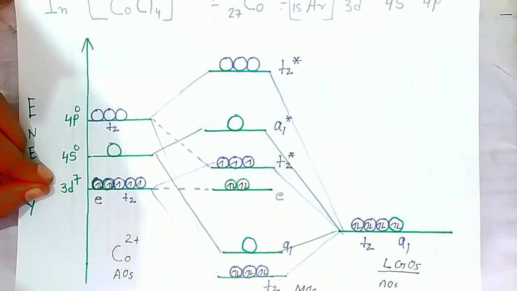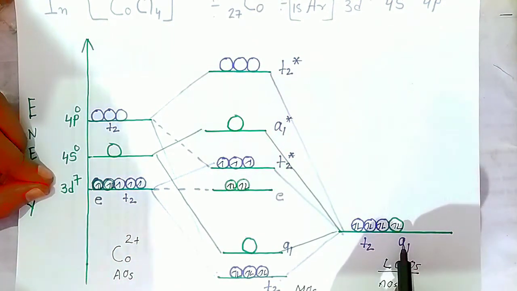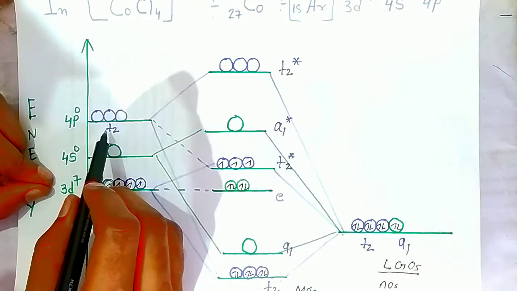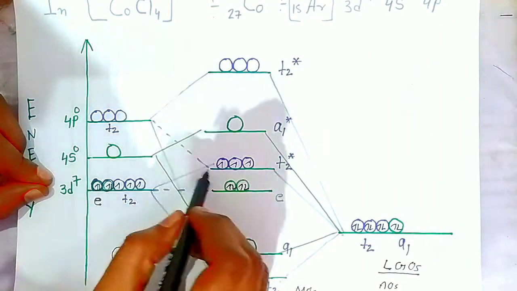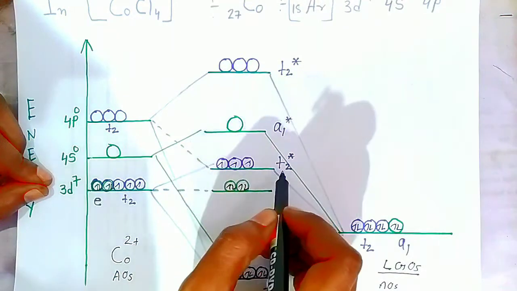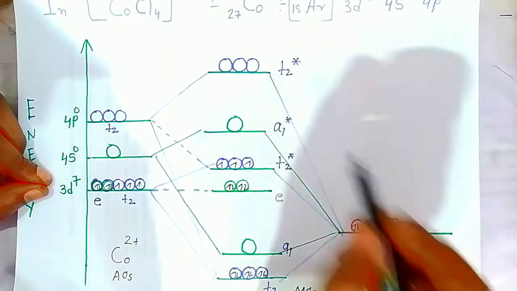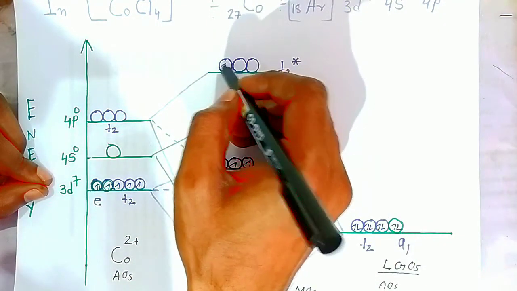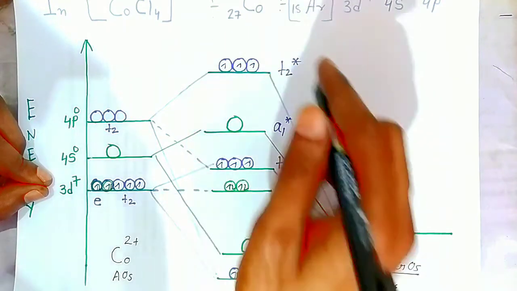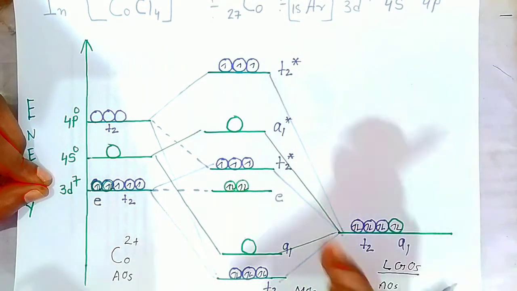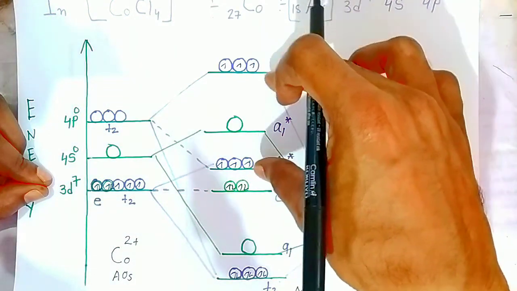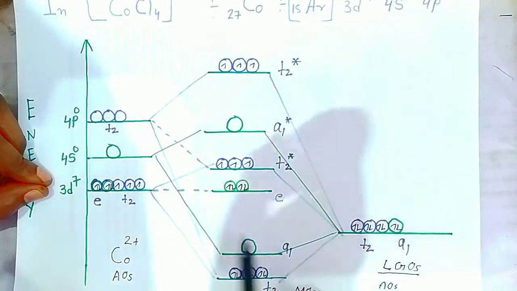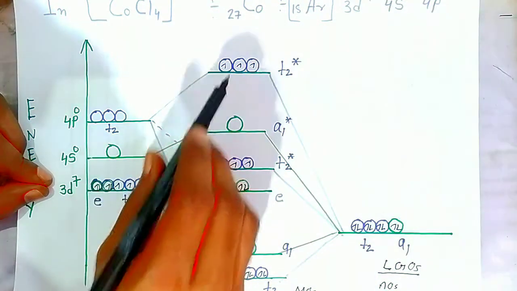Now when you see these T2 atomic orbital p orbitals having the same energy as this, these will be the same. We have put this T2 star and T2 star having the same energy level. They are similar, and we can also write these two as the same thing, because we cannot separate them like this. Their energy levels are mostly similar, so that is why I have shown these two with the same energy level.